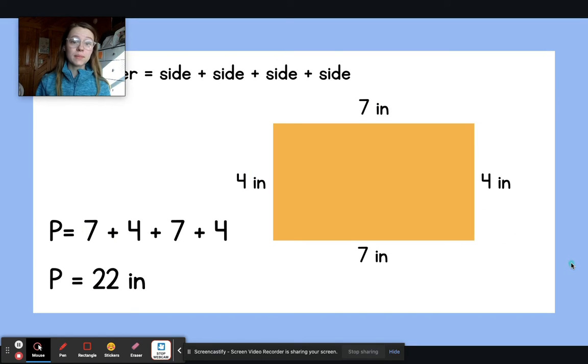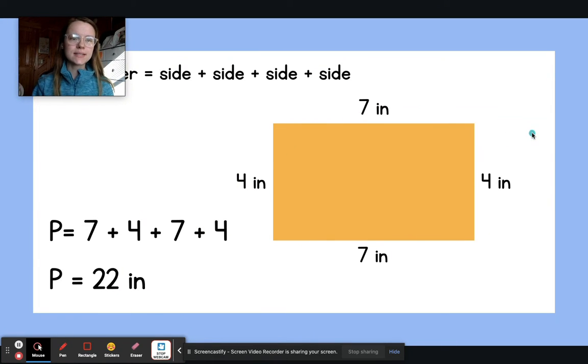So for perimeter, we know it's side plus side plus side plus side for perimeter of a quadrilateral, which we have here. So the perimeter would equal 7, which is one of our sides, plus 4, plus 7, plus 4, which would give us all four of the sides. I went ahead and did that math already. It's 22 inches around the perimeter of our friend the rectangle.